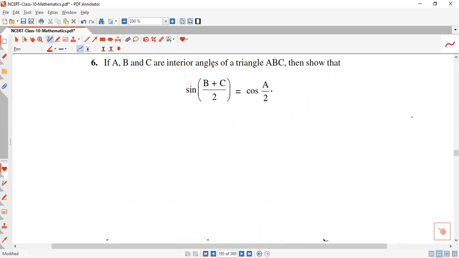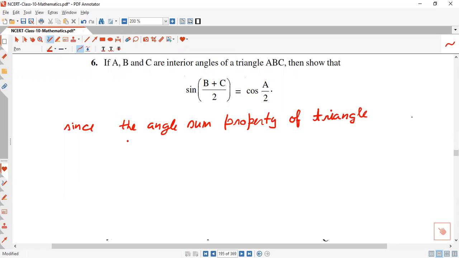Since we know the angle sum property of a triangle, the sum of all the interior angles will be equal to 180 degrees. Now we have to prove this.